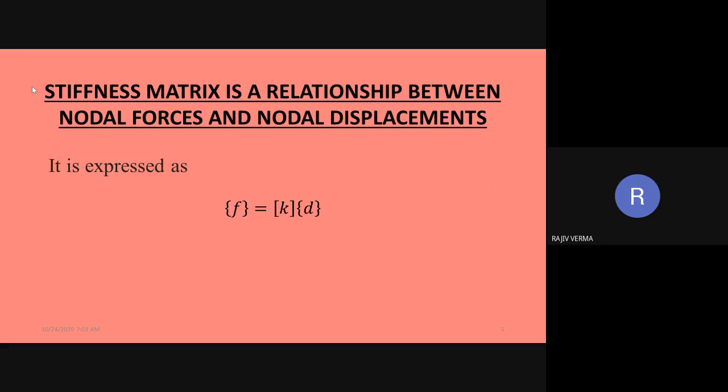So if we have an element which has two nodes, and let's also assume that we have only 1 degree of freedom for every node, that means that the element itself is going to have 2 degrees of freedom.